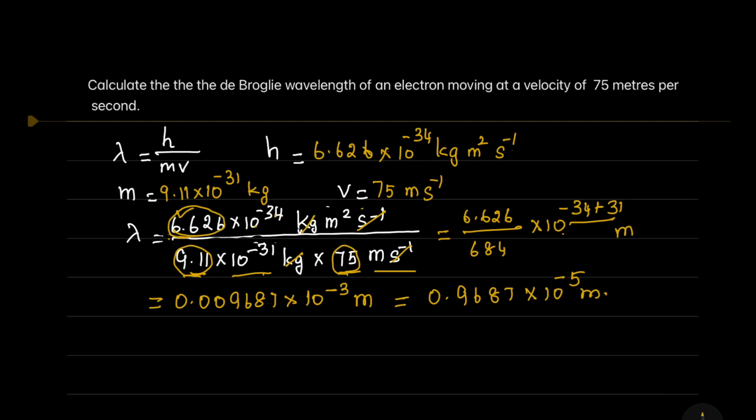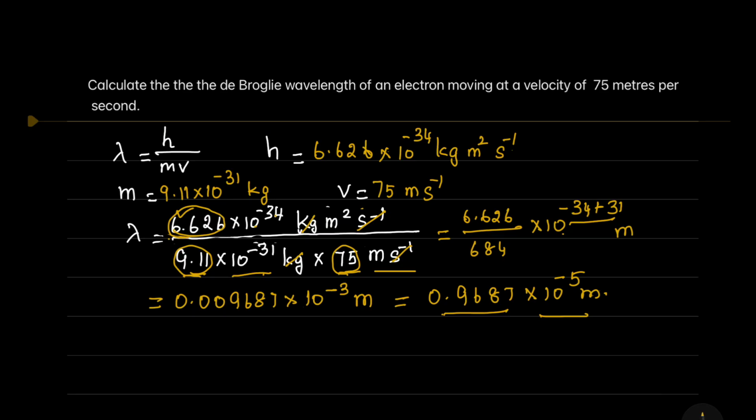Here the de Broglie wavelength is a larger one. For an electron at the given velocity, the wavelength is large. Just to recollect, the wavelength of the iron ball, a larger object that we had calculated, is very small.